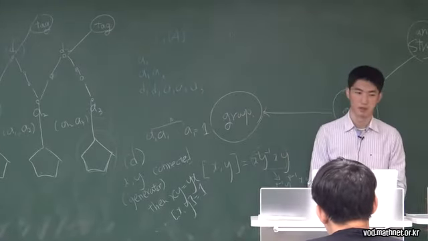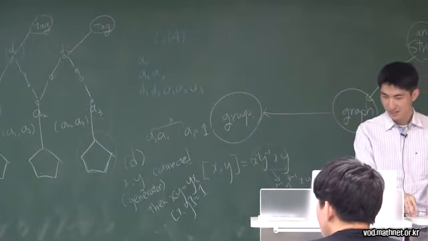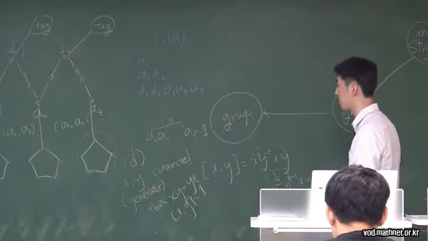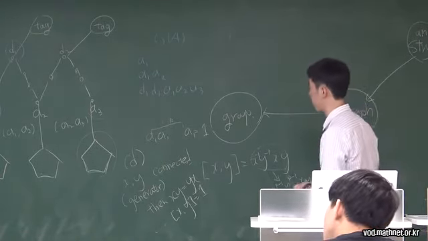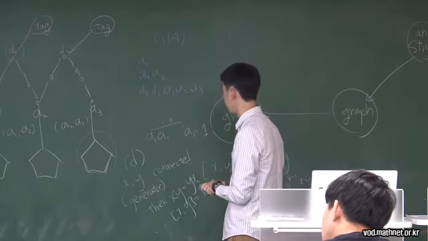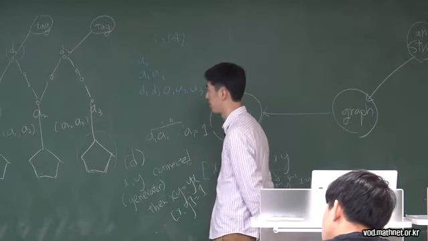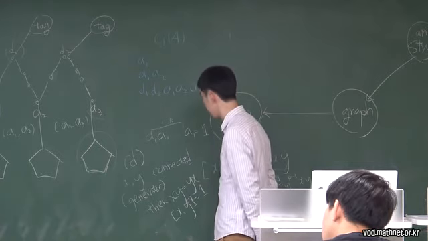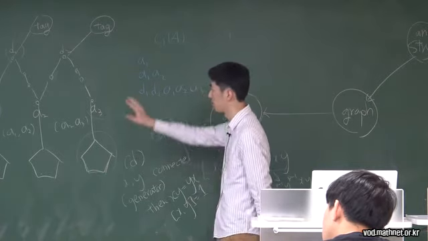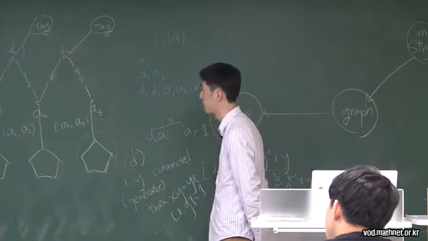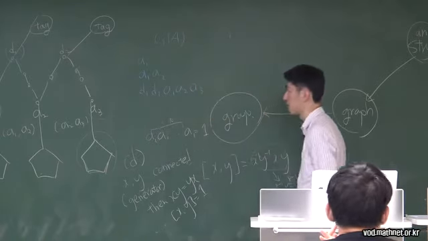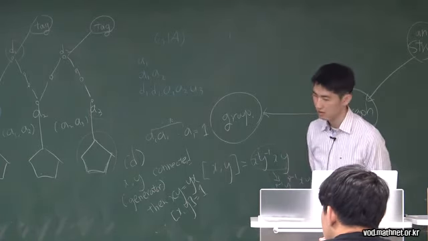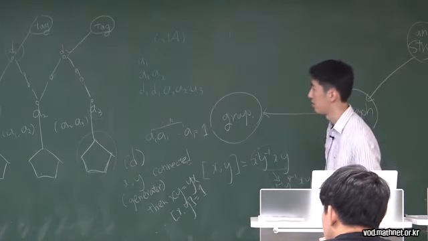I'm sorry to omit this one. So the group contains some data from the graph. It has a generator for each node, and this commuting rule contains some data of the edge relation from the graph, and B says something about nilpotency, and C talks about some periodicity of this word group.